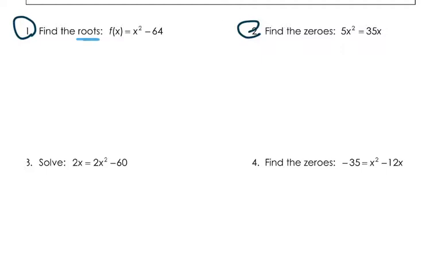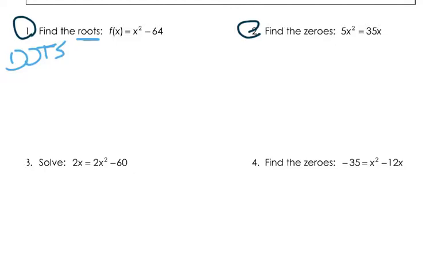Looking at this, you want to make sure it's in standard form, which it is. Then we want to be able to factor. The factoring method I would use here is DOTS, difference of two squares, because 64 is a perfect square, and 2 I could break in half.